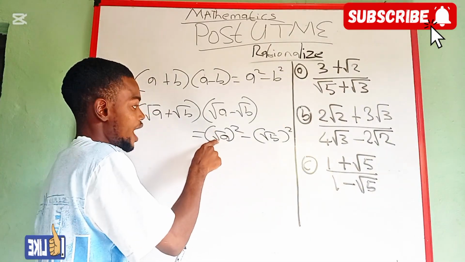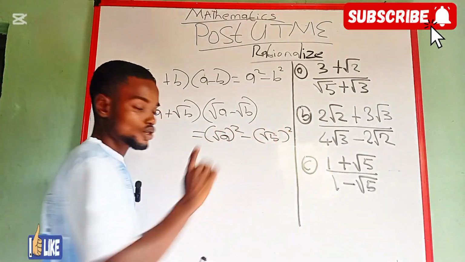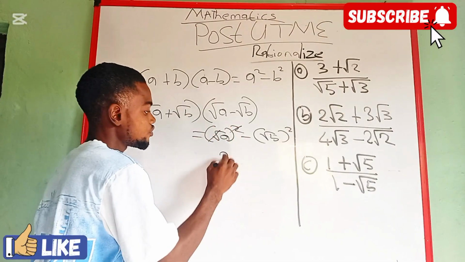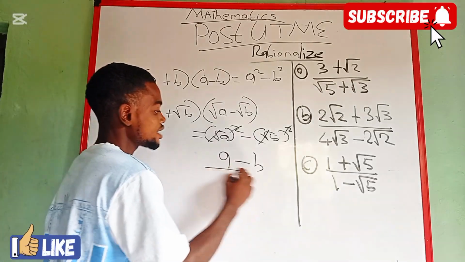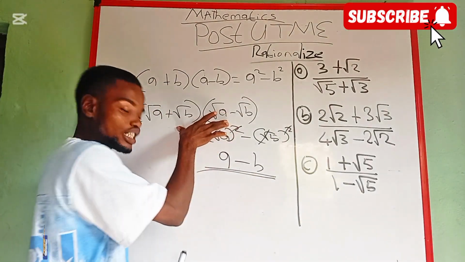But right now, we are adding the square because the square was with it in the bracket. If you expand it, you result to this. But then, this root cancels this square, we're going to have A, minus, this root cancels this square, we're going to have B. Hence, this is our final answer gotten from this expression, expanding it.